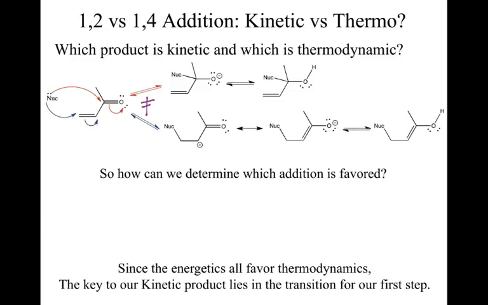Something about the transition state for our red mechanistic arrows would suggest we're looking at our, I totally color-coded this backwards, kinetic product, and the other one ends up being our thermodynamic. So we have to decide why. Why is the transition state for our red one lower in energy than for our blue one?